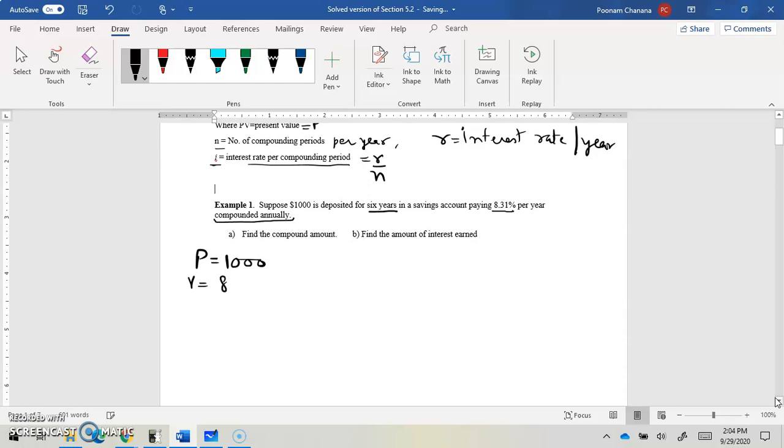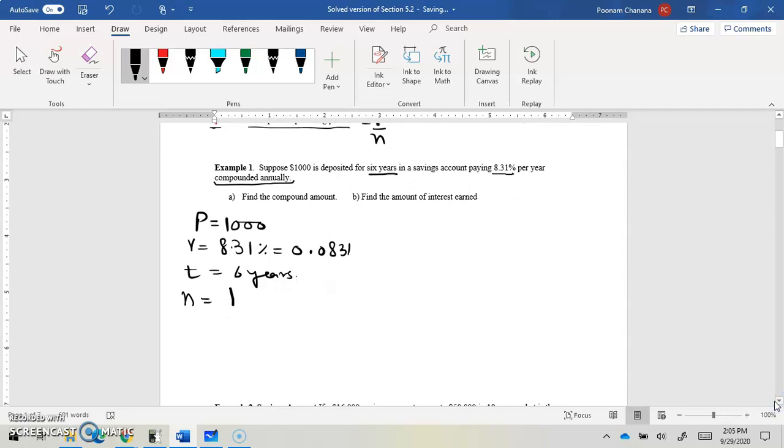R, which is the interest rate per year, is 8.31%, and in decimal that would be 0.0831. Time is 6 years. N is the number of compounding periods per year. Now we are compounding annually, so N is 1. So we need to find the compound amount. So let's do the A part.